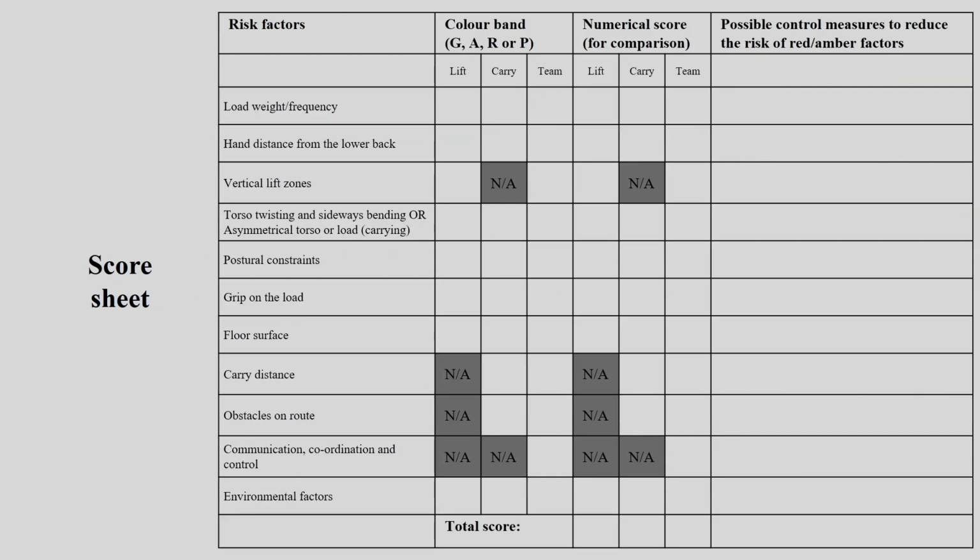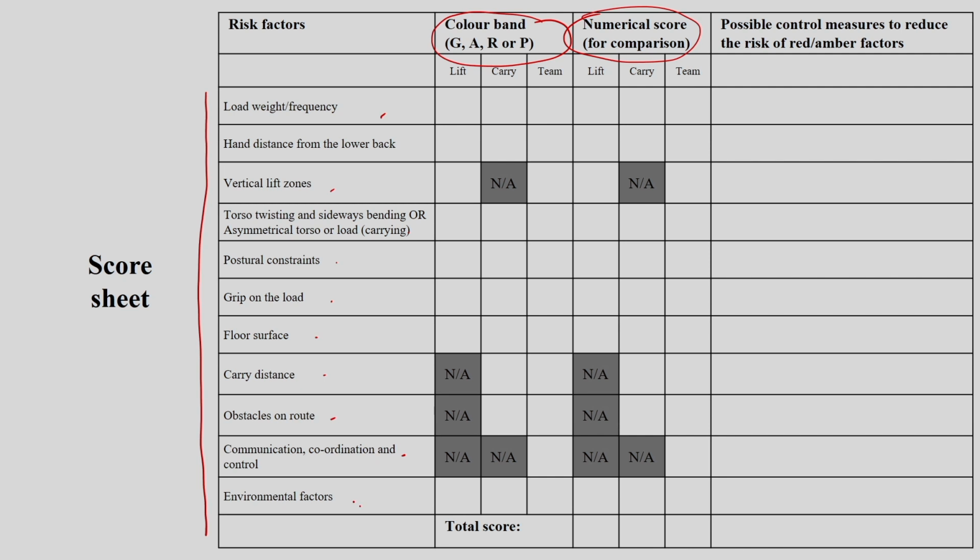Now, let us understand what kind of data sheet we have for data collection. We can see two specific portions: one is the color band, another is the numerical score. As we go on, we will understand how it works. There is a full list of risk factors: 1, 2, 3, 4, 5, 6, 7, 8, 9, 10, 11.